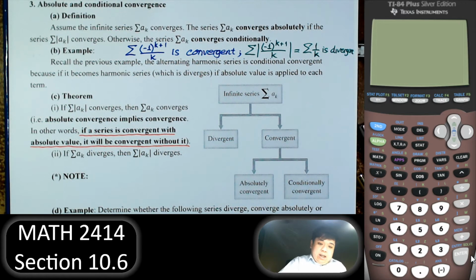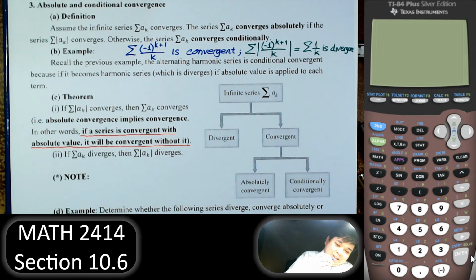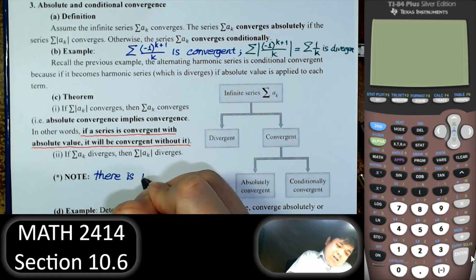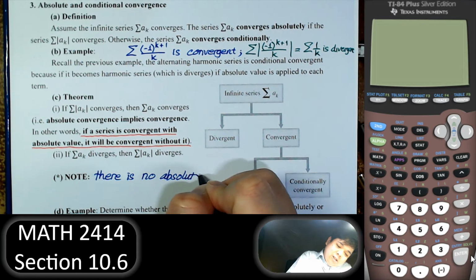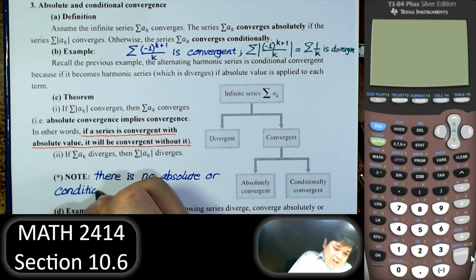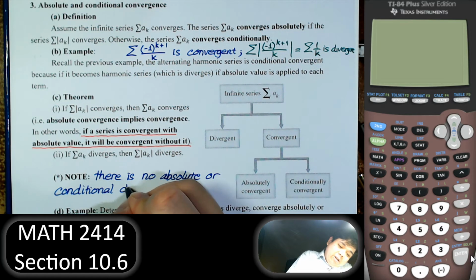The note here is that we do not have absolutely or conditionally divergent. If it is divergent, it is divergent. No absolute values, nothing. So there is no absolute or conditional divergent.